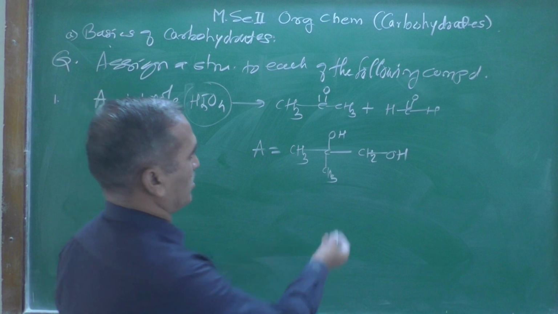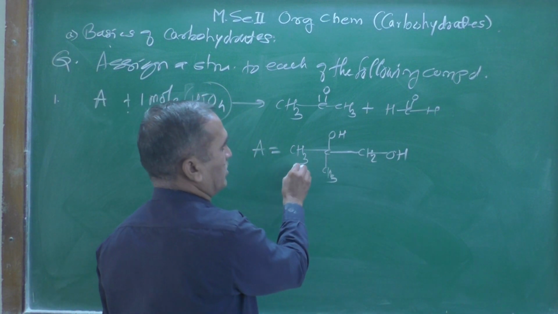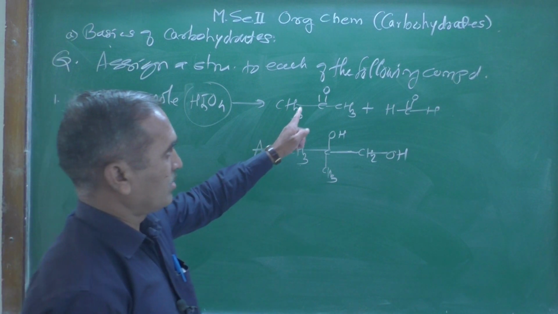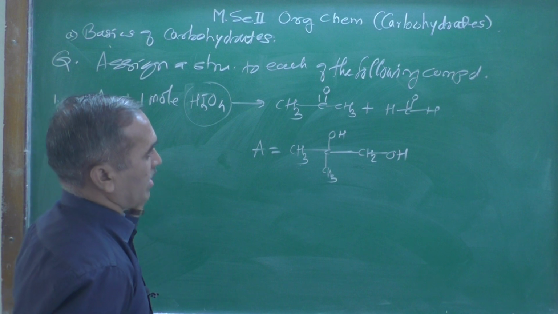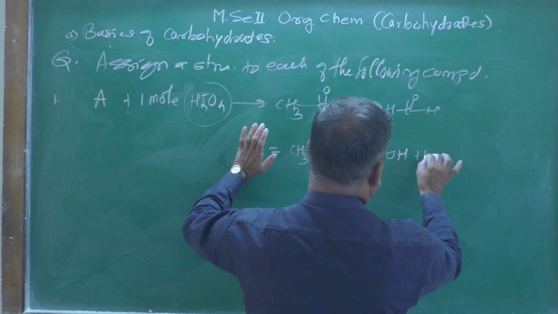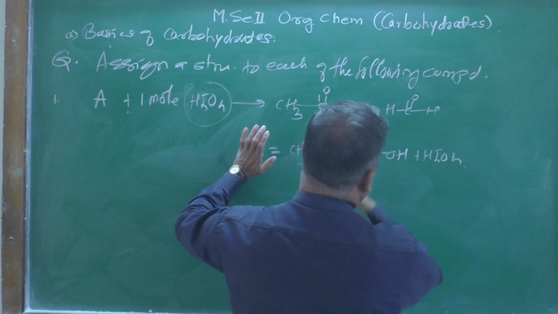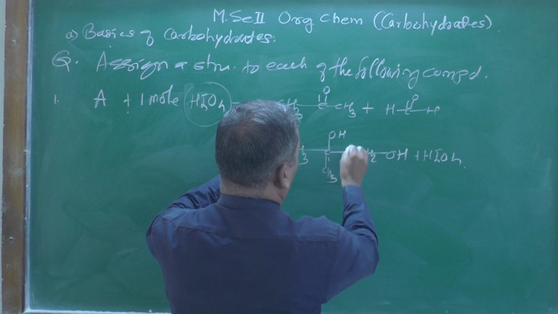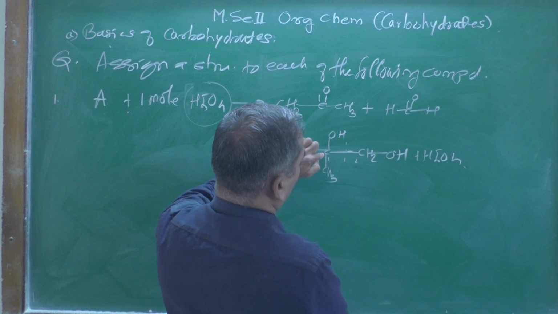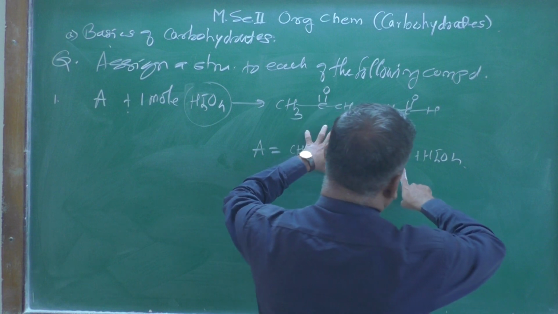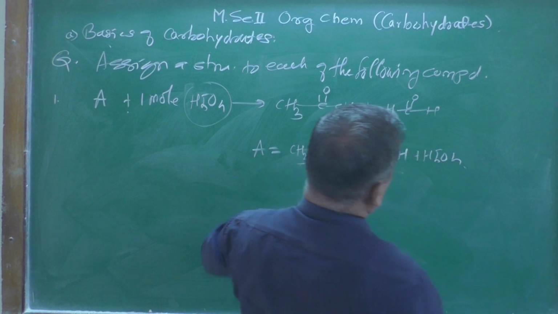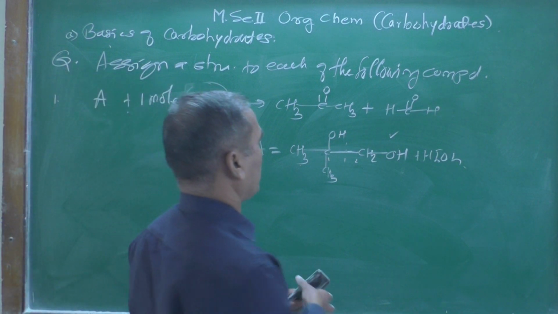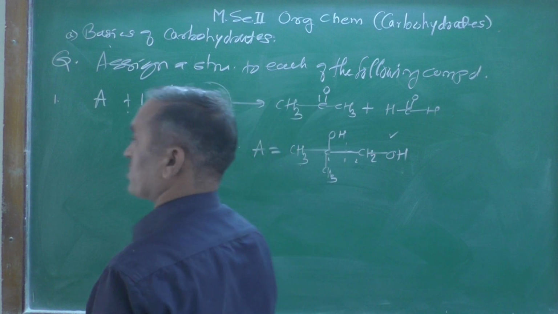A must have this kind of structure. HIO4 is known for breaking the 1,2 dihydroxyl group. When I break from here, I will get acetone here and formaldehyde there. This will be the structure of A. So that is the answer.